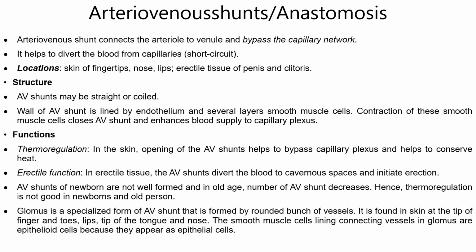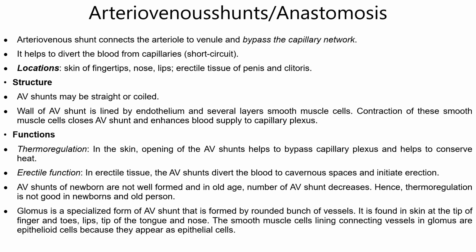The structure of arteriovenous shunt is, it may be straight or coiled, and the walls of these shunts are lined by endothelium. There are several layers of smooth muscles, and contraction of smooth muscle closes the AV shunt, and it enhances blood supply to the capillary plexus.